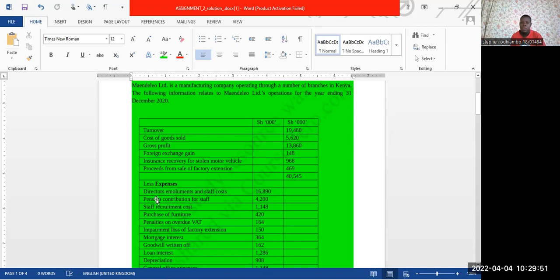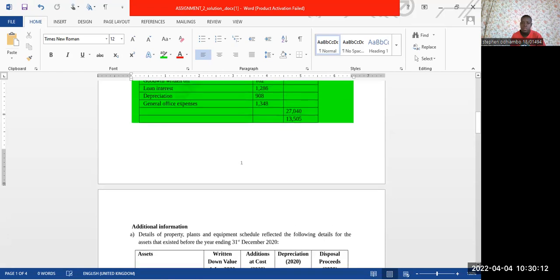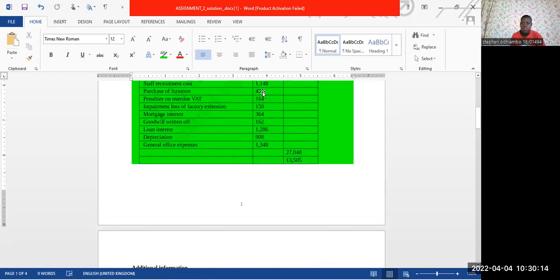Here we have direct emoluments and staff costs 16,890. Pension contribution for staff 4,200. Staff recruitment cost 1,148. Then purchase of furniture 420.